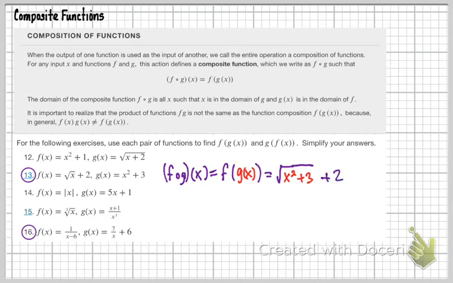So anywhere I see x, I'm going to plug in g of x. For this problem, g of x equals x squared plus 3, and that's what we see here. Now, can we simplify this at all? No. So this would be the actual answer for this problem. These aren't very difficult to do, but we have to understand the notation.